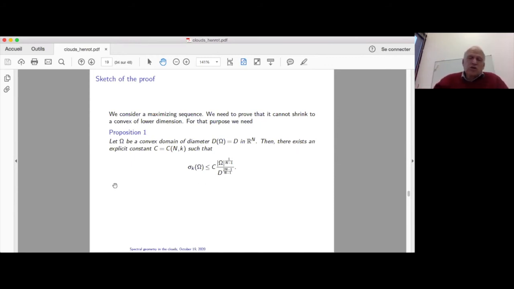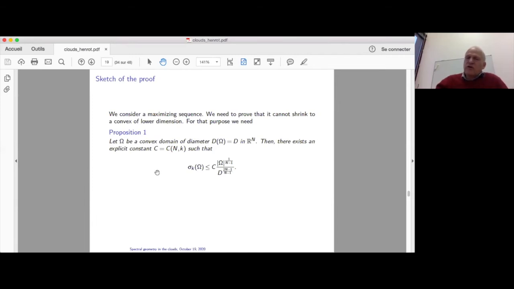And for that purpose, we just wrote an estimate from above. Of course, from an intuitive point of view, it's more or less obvious. If you shrink to a flat domain, you expect sigma k going to 0. But in this proposition, we give a more quantitative flavor of this behavior of the Steklov eigenvalue when you collapse to a lower dimensional domain.